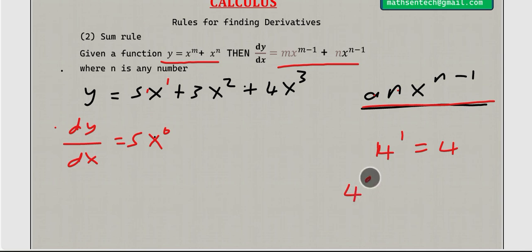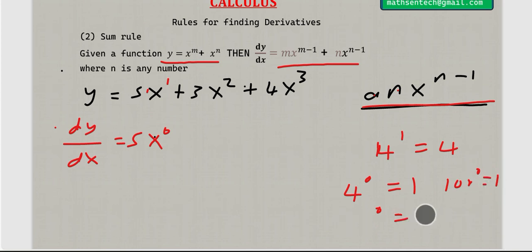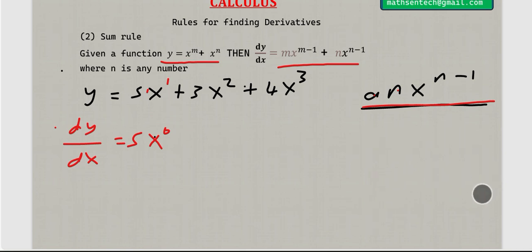So 4 to power 0 is equal to what? 1. Y to power 0 is 1. 100 to power 0 is 1. So any number raised to 0 is 1. Okay, I hope that is very clear because that's very critical for you to understand. Any number raised to power 0 is 1. So 5 times x raised to power 0 is 5 times 1.